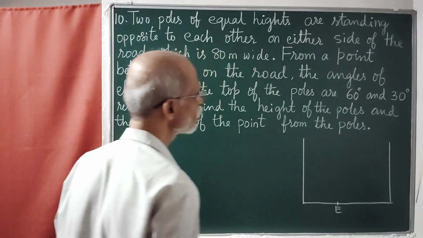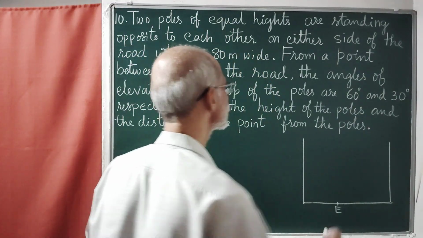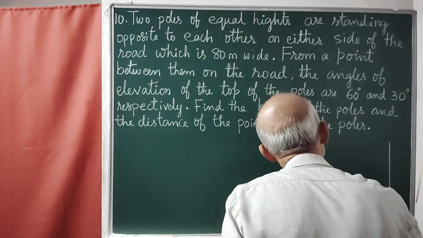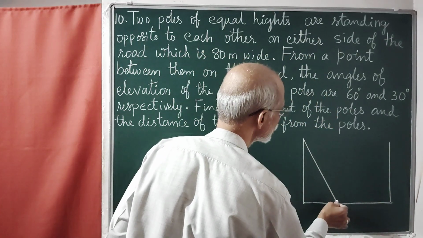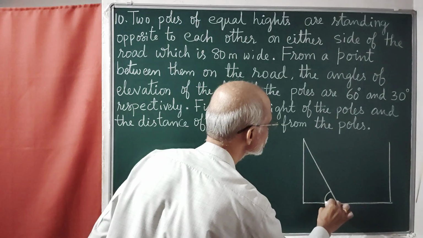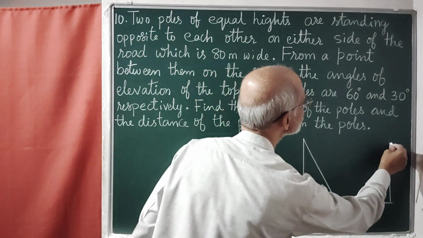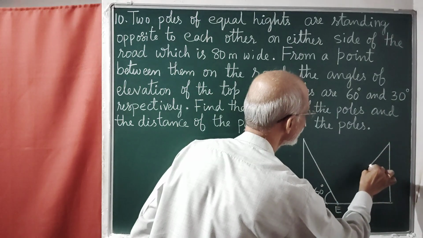So now the angles of elevation to the tops of the poles: this is 60 degrees and this is 30 degrees.